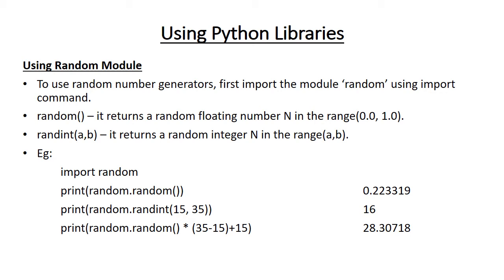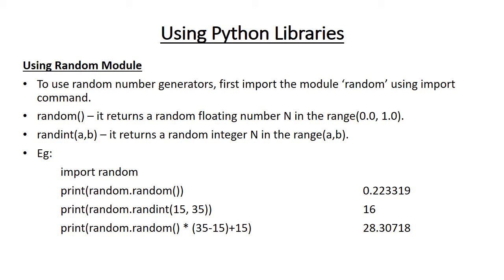The randint function returns a random integer n in the range a comma b. Both a and b are included in that range. For example, import random, print random.random. So it will print any number between 0.0 and 1, excluding 1.0.